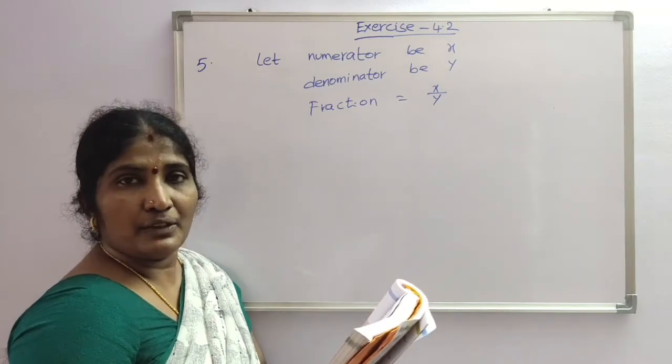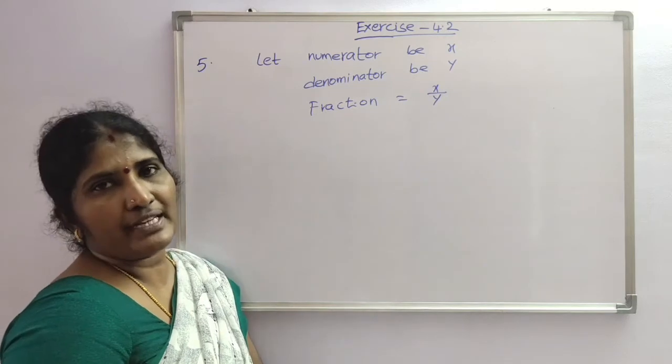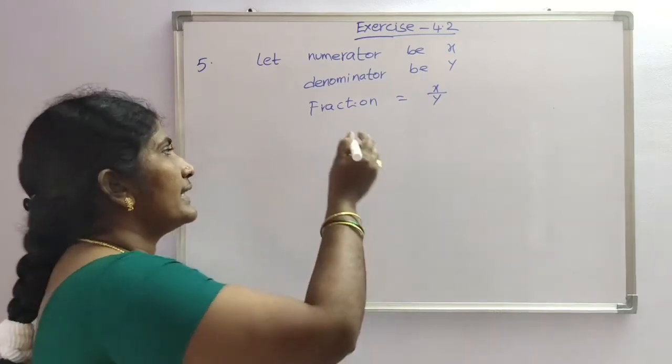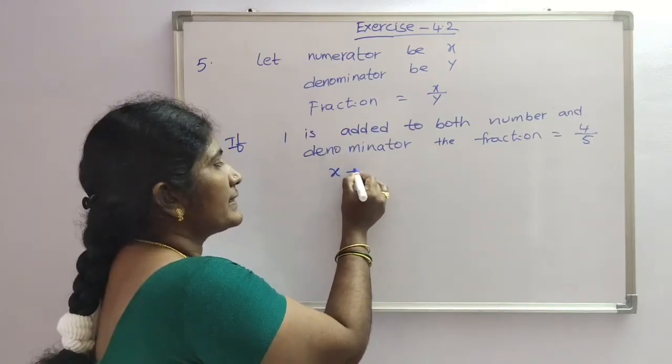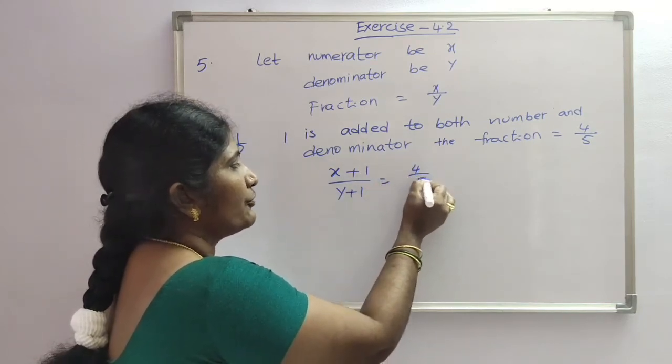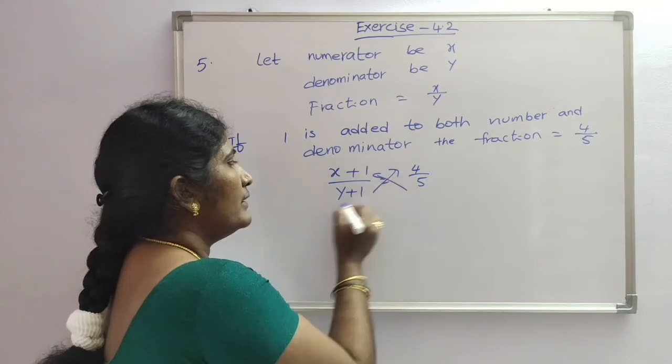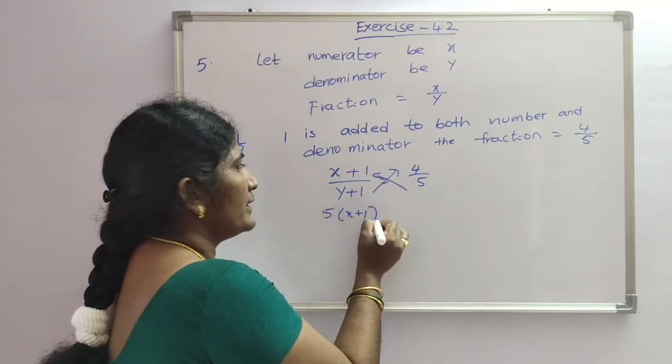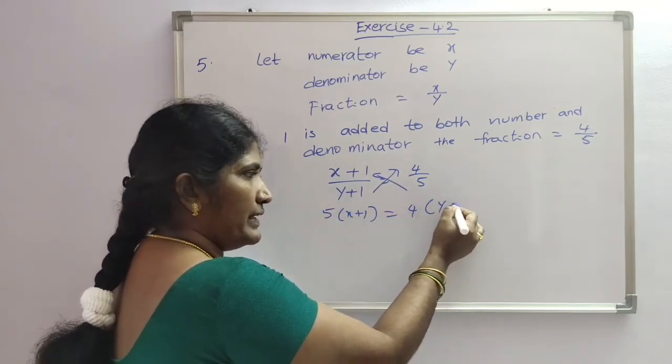If 1 is added to both the numerator and denominator, the fraction becomes 4 by 5. That is, here what is the numerator? x plus 1 by y plus 1 is equal to 4 by 5. Now cross multiply. 5 into x plus 1 is equal to 4 into y plus 1.